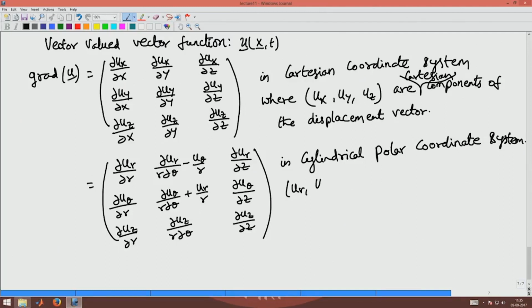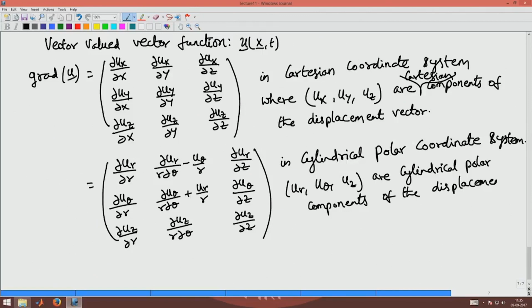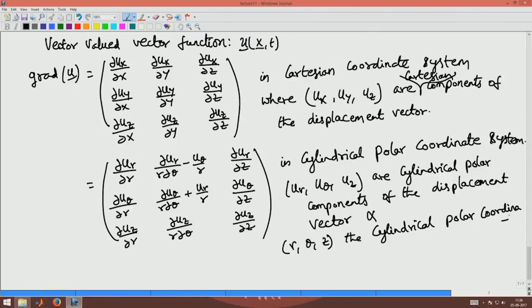Here ur, u theta, uz are the cylindrical polar components of the displacement vector, and r, theta, z are the cylindrical polar coordinates of a point in space.